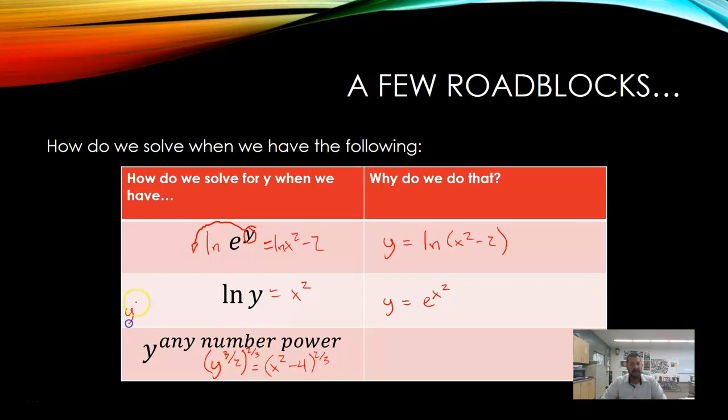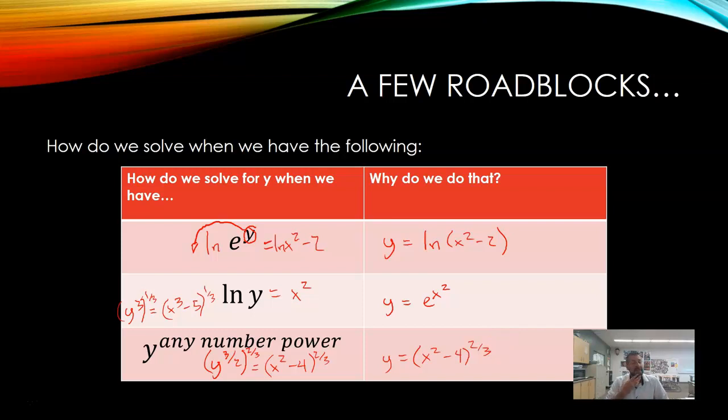If I had y to the third equals x to the third minus 5, and I wanted to get that y by itself, I could just take both sides. 3 flipped upside down is 1/3. So I could take both of those to the 1/3 power, and that would get rid of that exponent. And it works every time. Okay, so I've got x squared minus 4 to the 2/3, going back to what I was talking about before. So when we solve for y, those are some techniques that you can use to get that y by itself.